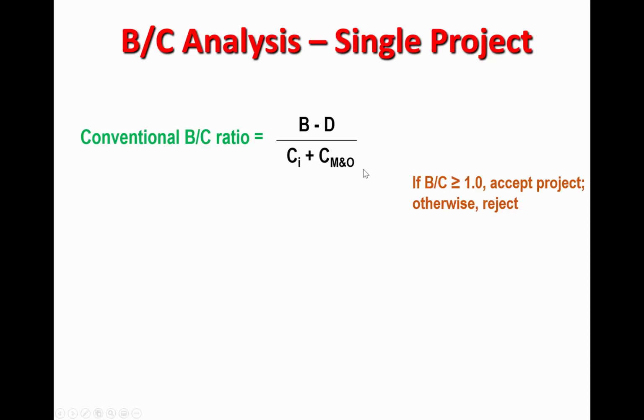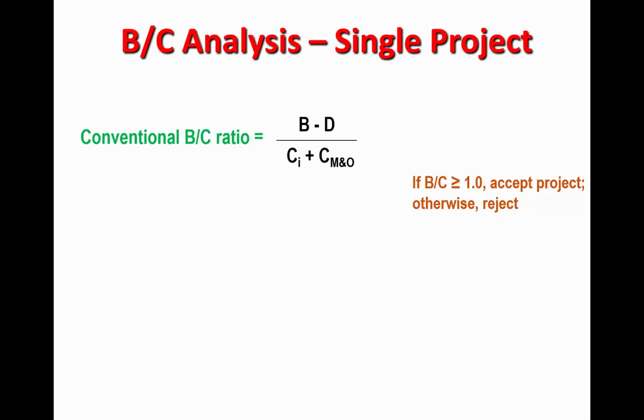And the decision criteria is provided here on the side. It says, if the benefit to cost ratio is greater than or equal to 1, then you accept the project, otherwise you reject. Now think about why 1. What does that mean? What's so magical about B to C being greater than 1? What it means is that if it's greater than 1, you're getting $1 of benefit or more for every $1 of cost.